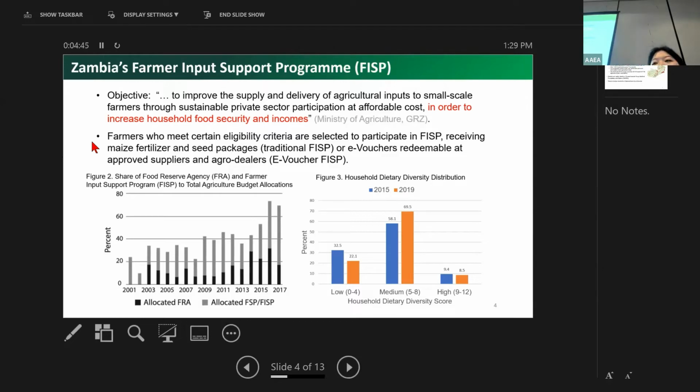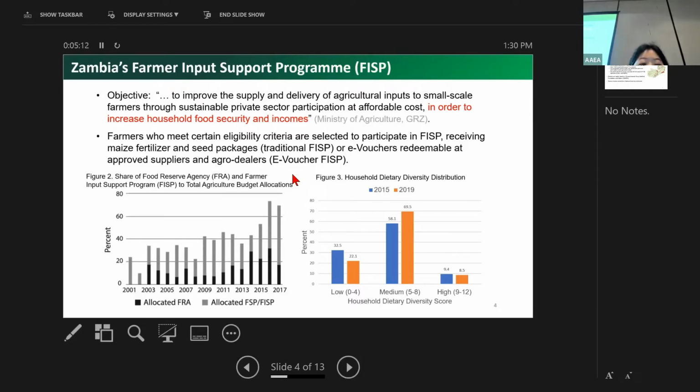The government introduced this electronic voucher system where the farmers can redeem at private agro suppliers to obtain inputs that they need, not just maize inputs. However, this electronic voucher system has not been very successful. It is only implemented in certain regions of the country, and still the farmers are redeeming mostly maize-related inputs.